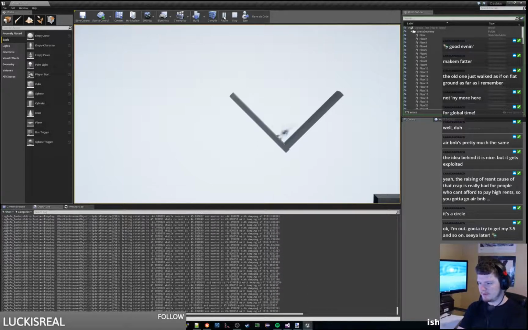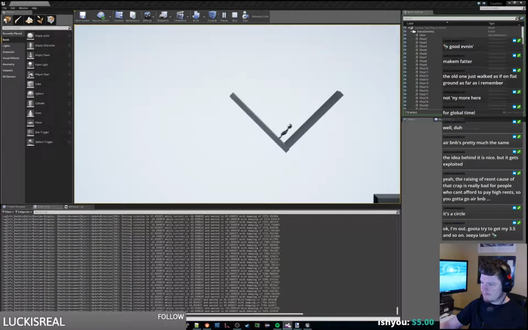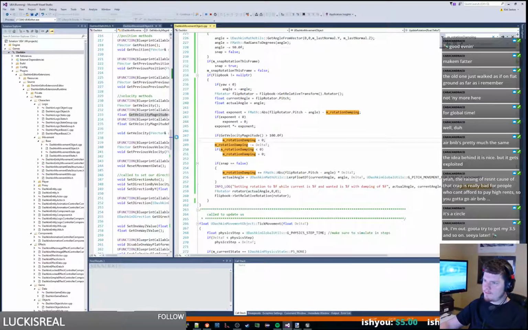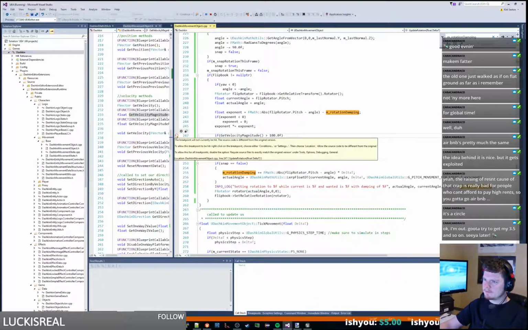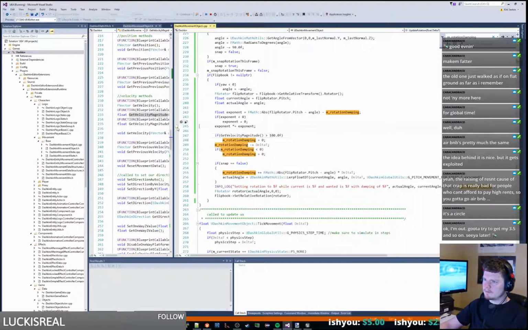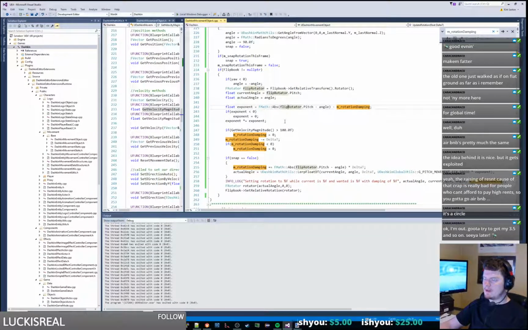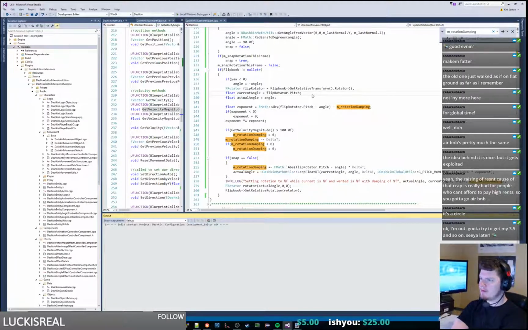So damping's going way up. How come? I hate it when this happens where you compile it and it doesn't actually compile. Waste of time.